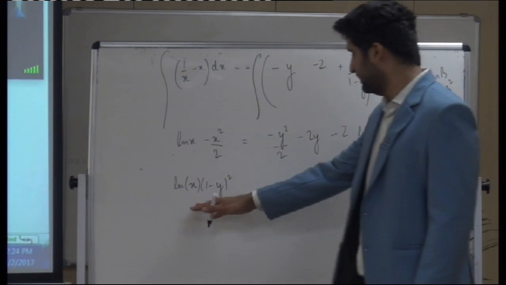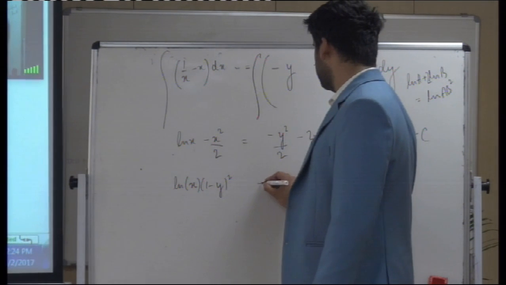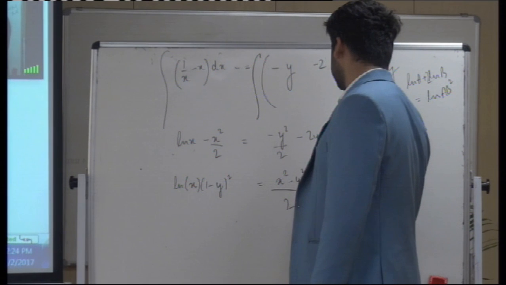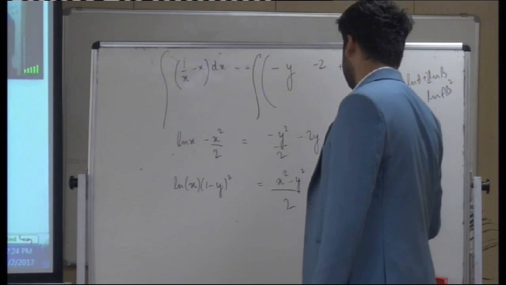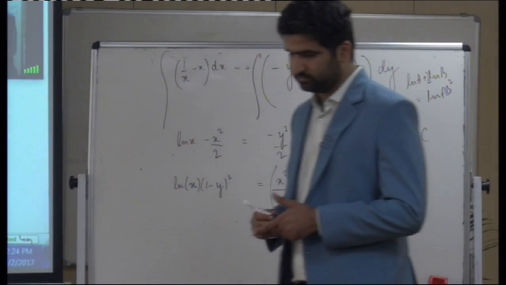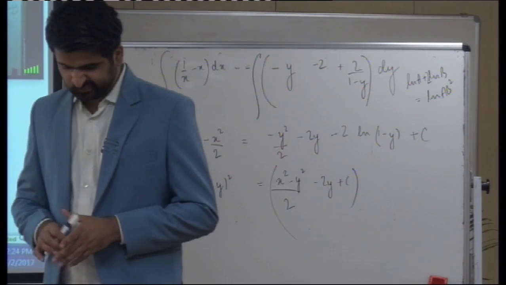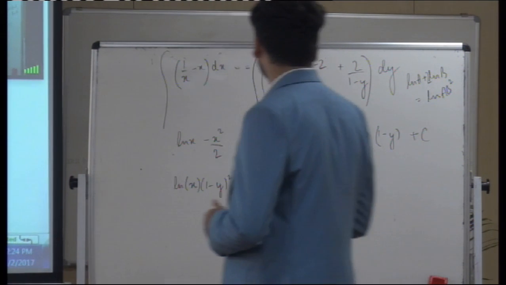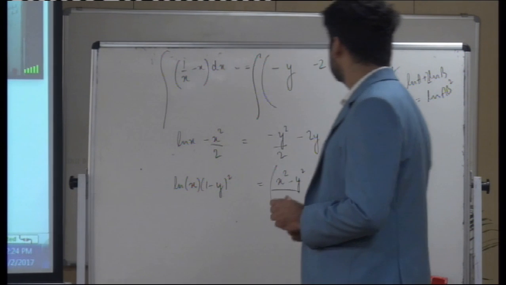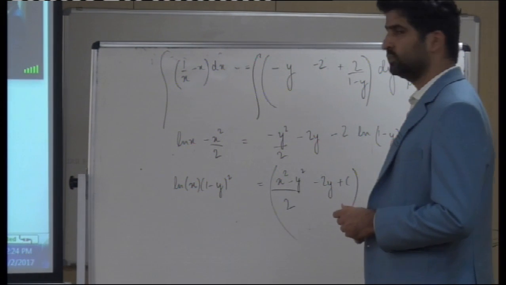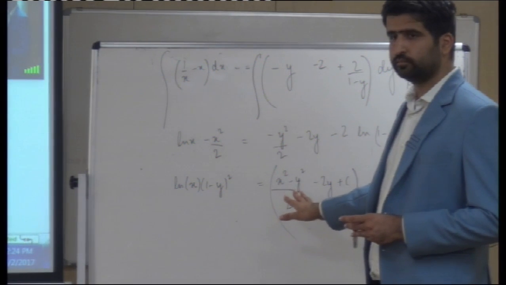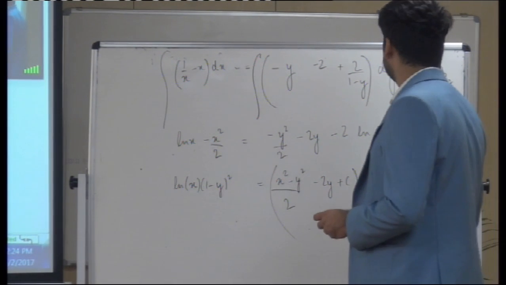So that's what I did over here, is equal to (x square minus y square) upon 2 minus 2y plus c, right? So you can end the question over here. So this is clear? Any mistake? No? Next part.